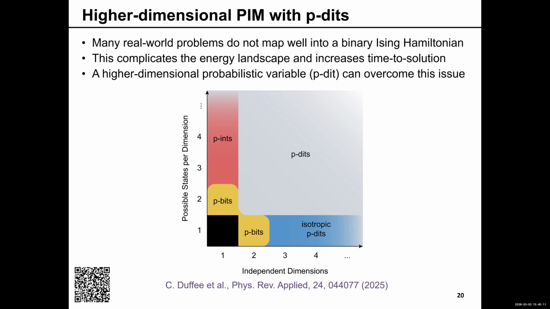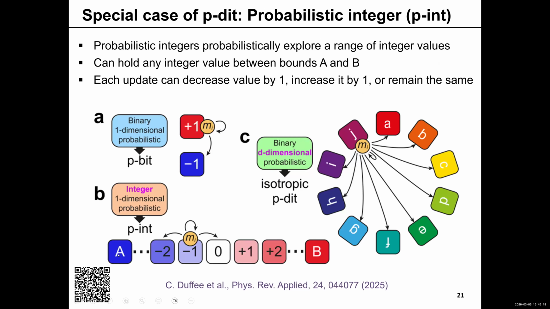For instance, what we call p-integers or p-ints, where you have a range of integers, all along the same dimension, between two bounds A and B. Each update for this variable would consist of, with some probability, the variable staying in its own state, going up by one, or going down by one.